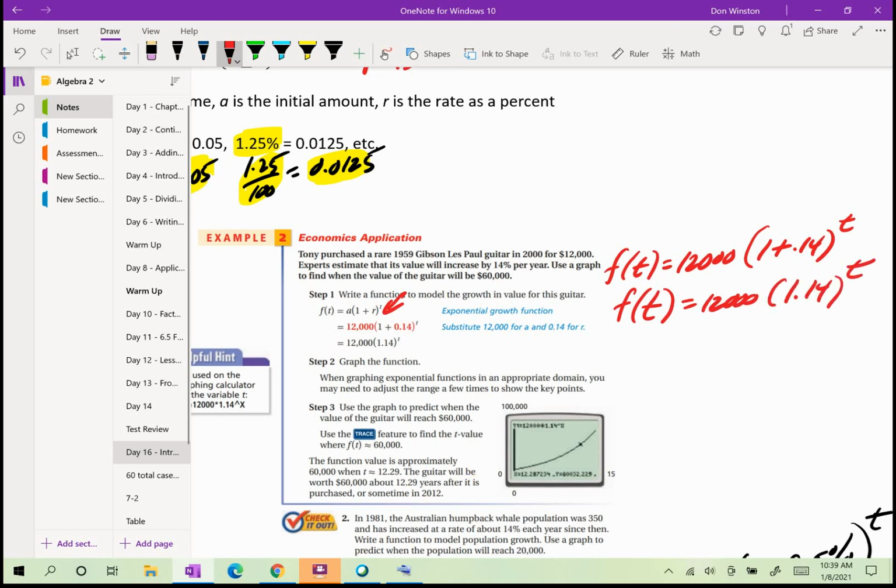I'll graph this. We could estimate the value of the guitar in 10 years. So f of 10 will equal 12,000 times 1.14 raised to the 10th. And I'll show you how to do that with your calculator.